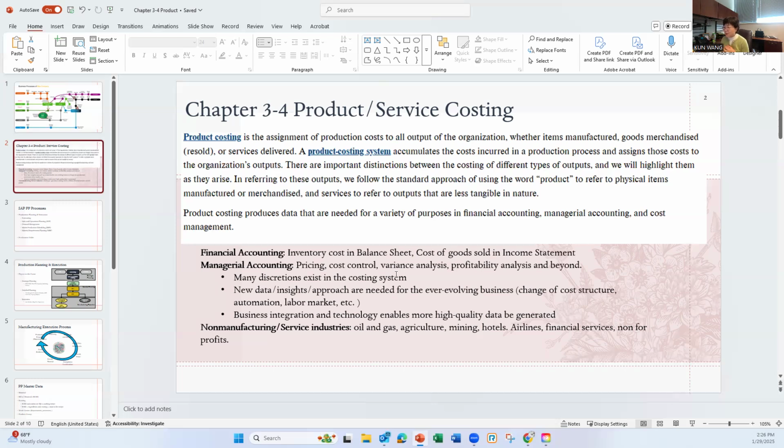That's not the case. The accountants or managers exert many of their own judgments in allocating the cost or using different options in the costing system. For example, when you have different pricing for your material purchase, right?